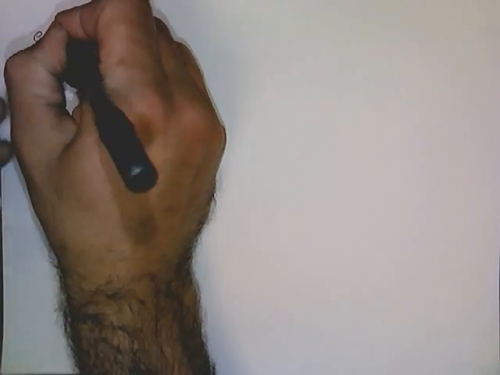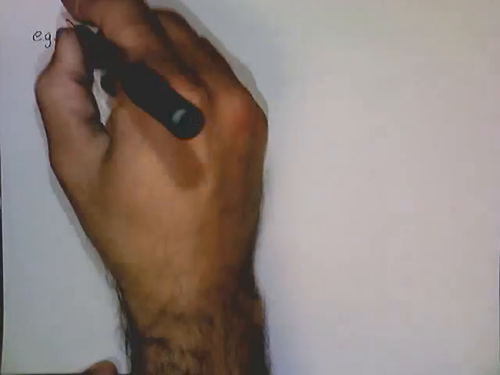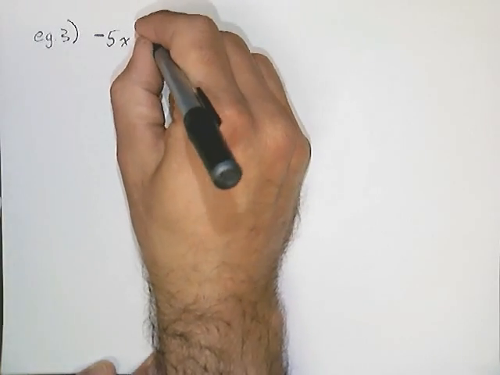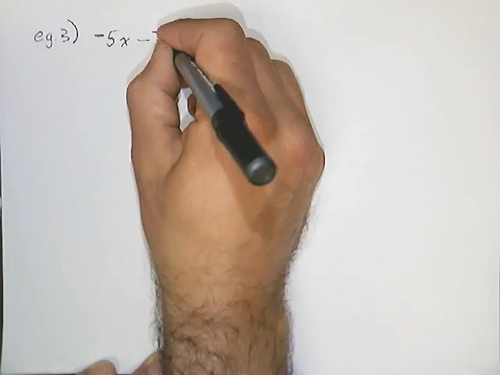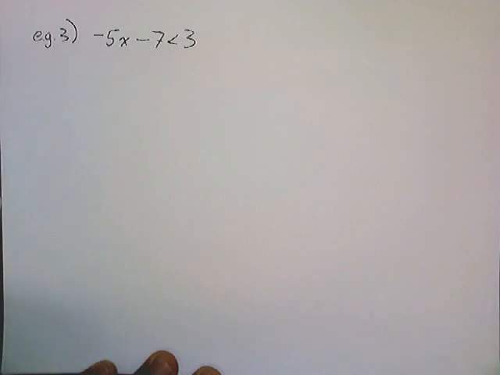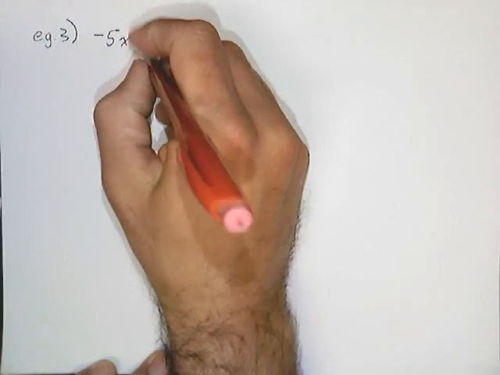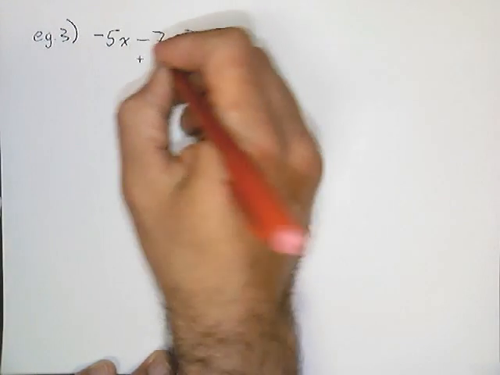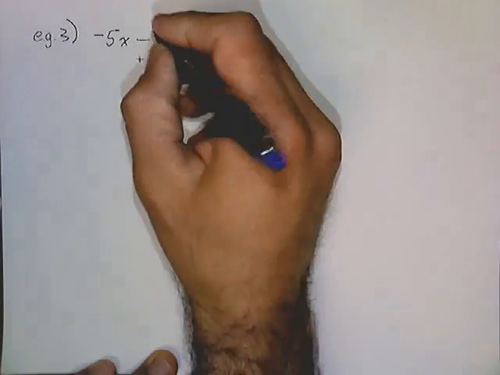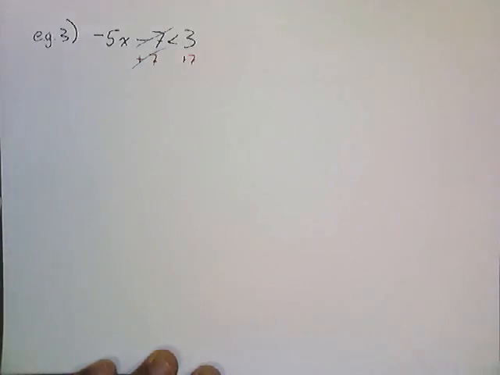Example 3. Let's try, say, negative 5x minus 7 is less than 3. Let's just attack it the same way as we were doing before. Just undo what's being done to the variable in reverse order of operations. First, we'll add 7 to both sides, getting rid of that.